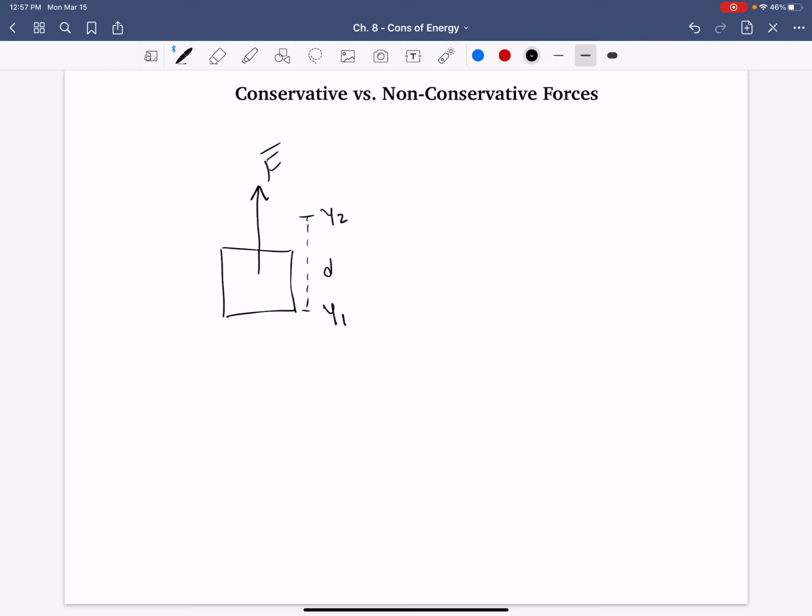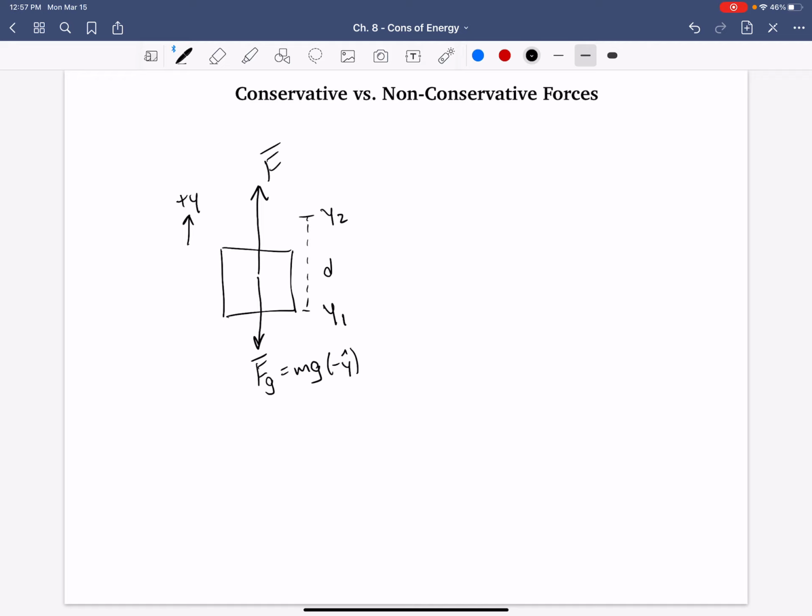What's that other force? Well, the gravitational force, Fg. And remember, that's equal to mg in magnitude. And if I specify up to be positive, it's in the negative direction.